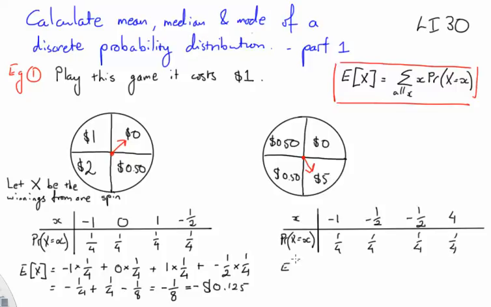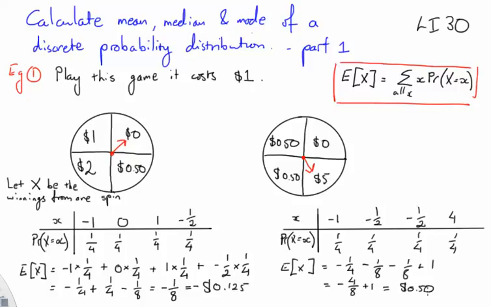Let's calculate the expectation of X. So that's -1 times 1/4, which is -1/4, minus 1/8, minus 1/8, plus 1. So -2/8 minus, well, 2/8 is -4/8 plus 1 equals 1/2, or 50 cents.